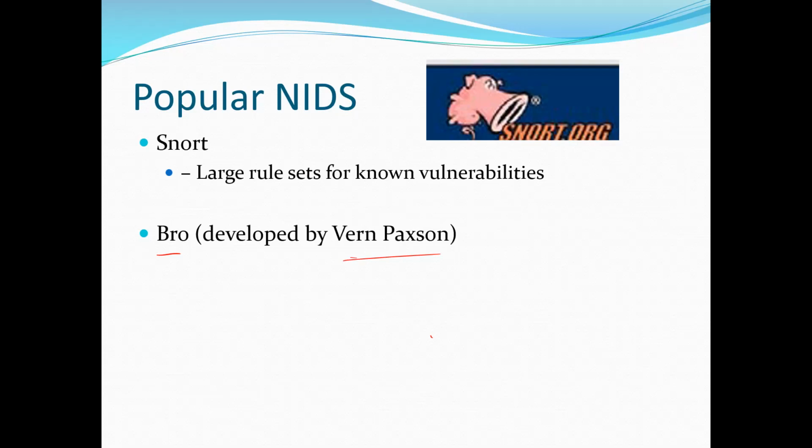So we have one lab assignment. Snort is nothing more than a large rule set for known vulnerabilities, okay? And you may know of other ones, but unfortunately some of these, as I've already motivated, are businesses, so you have to pay for the rules. But here we have enough with Snort that we can do quite a bit.